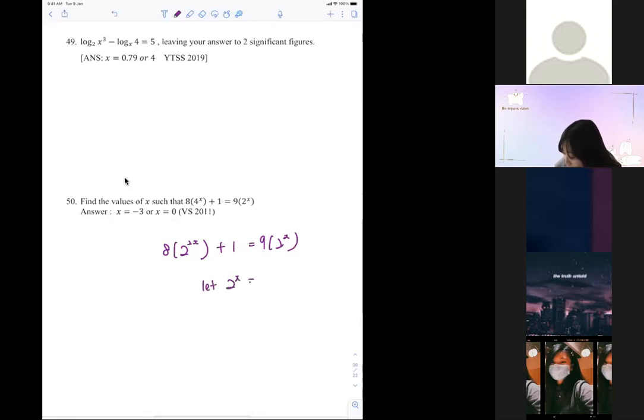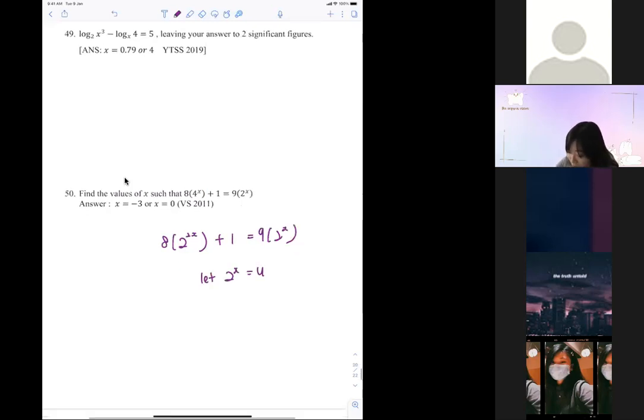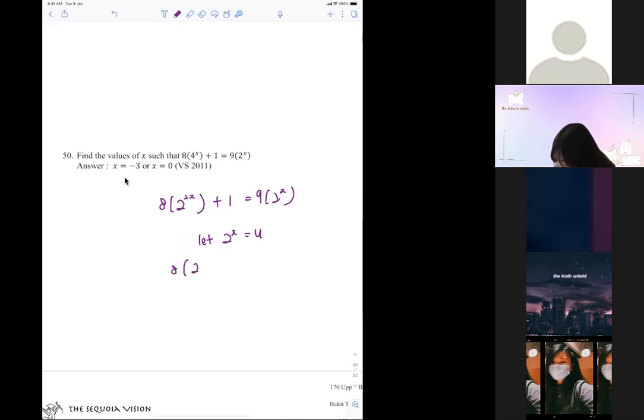You let 2 power of x equals to u. Why? Because 2 to the power of 2x is actually 2 to the x, whole thing squared. Okay, this one will also come out for E-math, so just be very careful. You got 8u squared plus 1 equals to 9u. Okay, 2 to the power of 2x is not 2u, it's u squared. Then you know what to do.